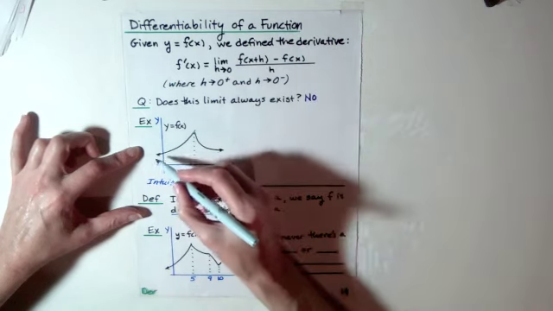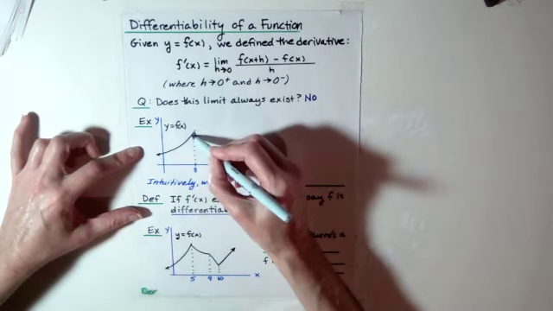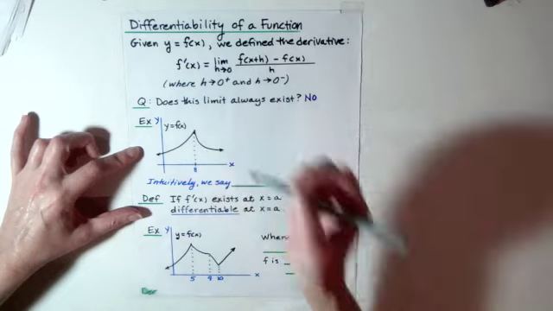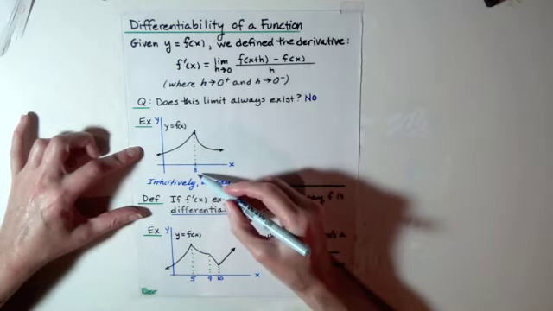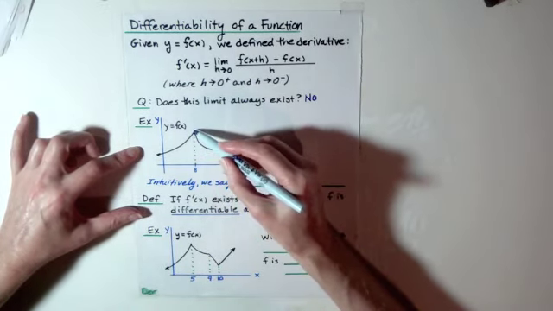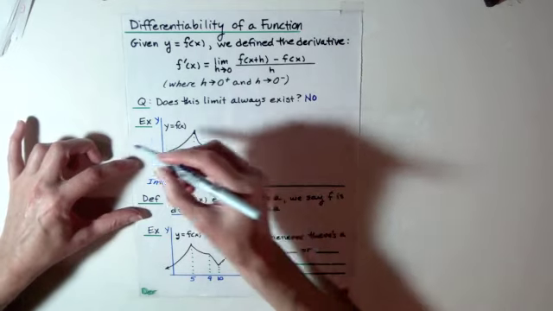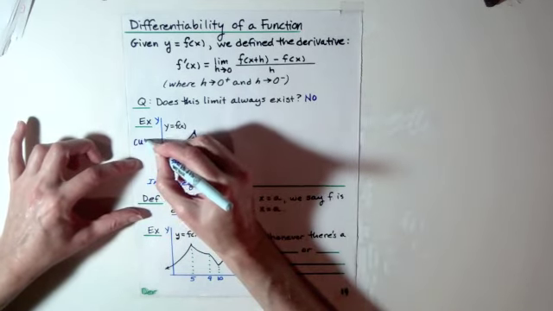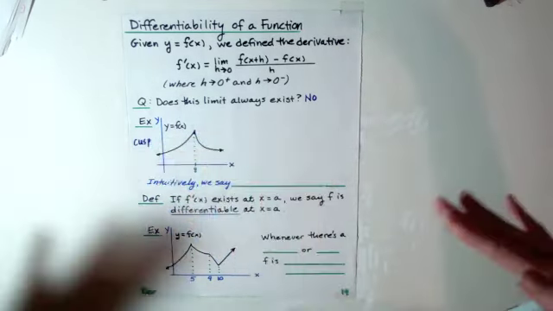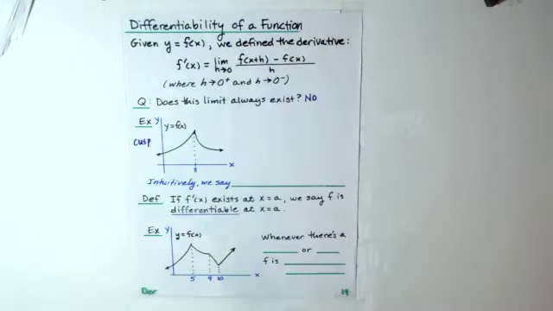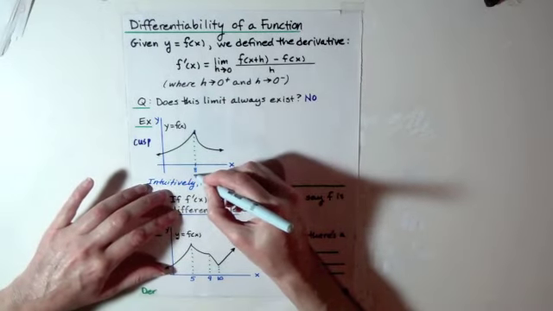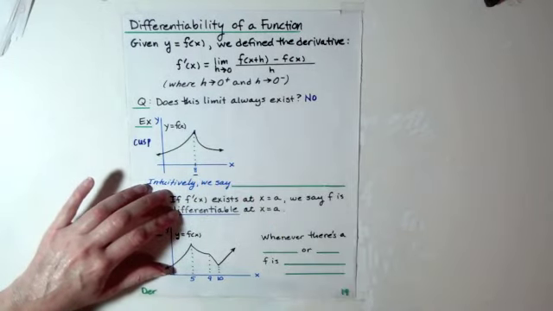So my function here, you notice something kind of weird happens in this function. That's supposed to be continuous there. At x equals 8, there's this sharp point in the curve, and such a point is referred to as a cusp. It's a place where the curve just comes up to a sharp point. And for this particular function, we'll see that there's a problem with trying to find f prime of x right at the value x equals 8.